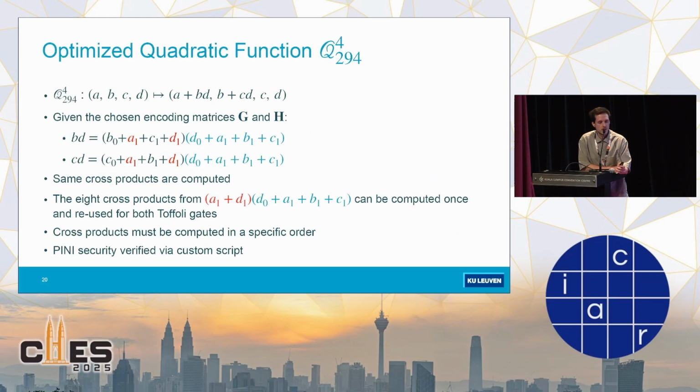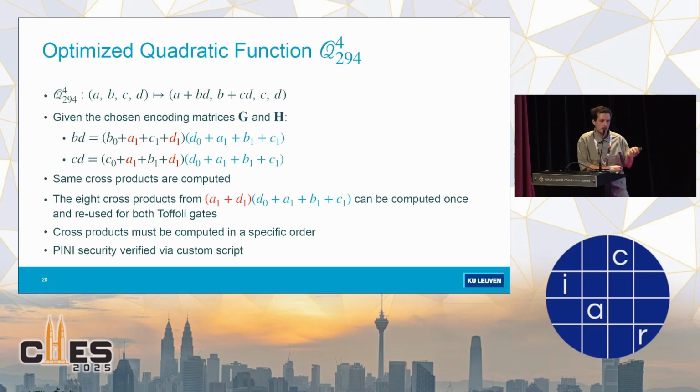So we thought about some optimization on the computation of this quadratic function. Basically, you have to compute B times D and C times D. And because we were in code-based masking, we have these 2 matrices. What happened is that in the masking of B and in the masking of C, you are reusing or sharing these 2 randomness values, so A1 and D1.